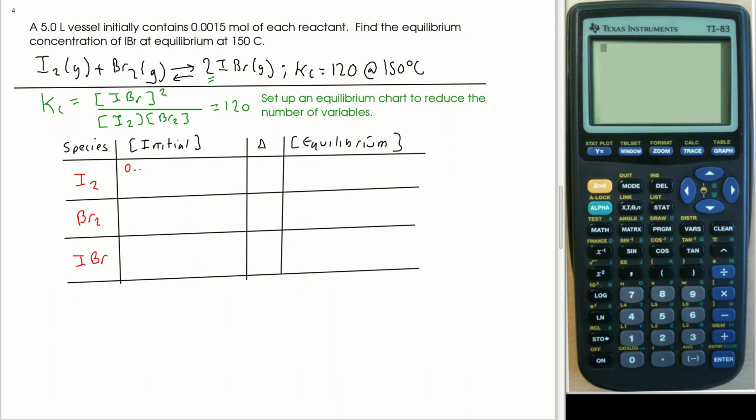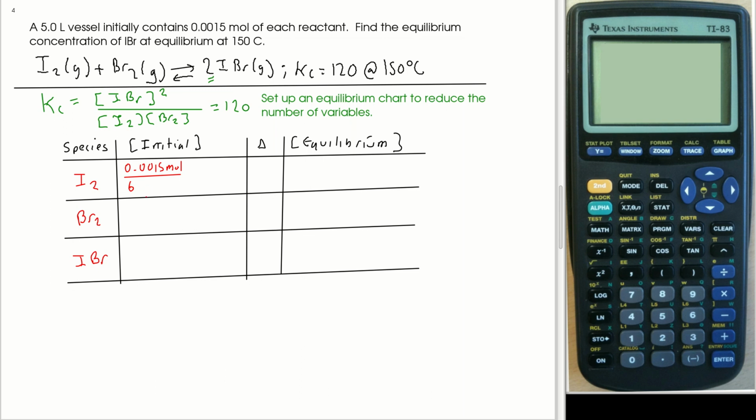Now, the iodine, 0.0015 moles, but remember initial concentration, these square brackets here, and these square brackets in the equilibrium expression mean something. They mean molarity. So if we're not given molarity, big M, then we'll have to find it ourselves, and that's what we're going to have to do here.